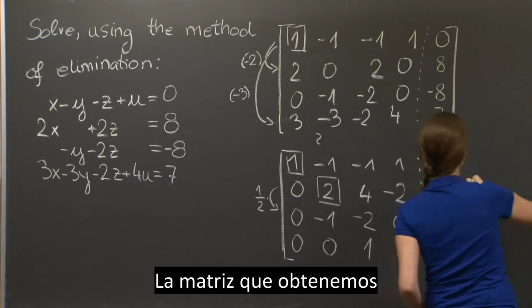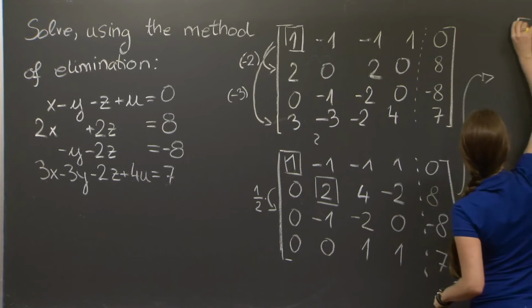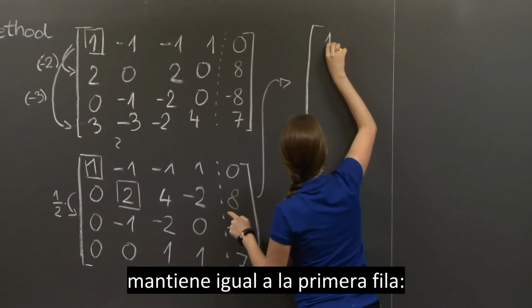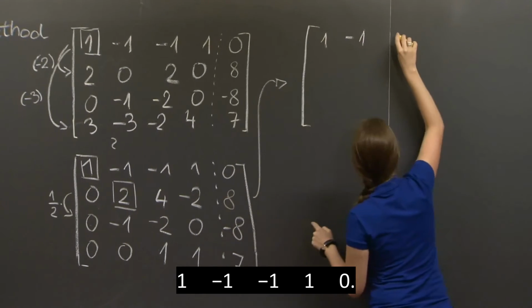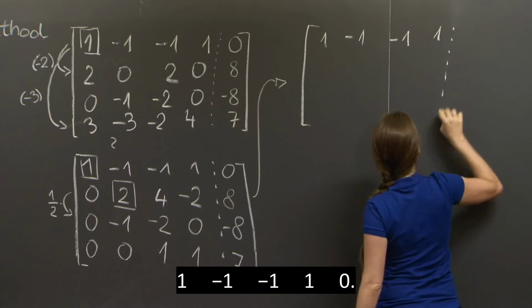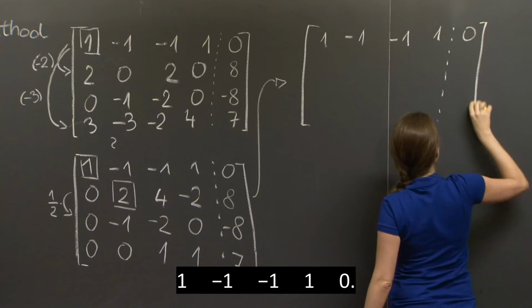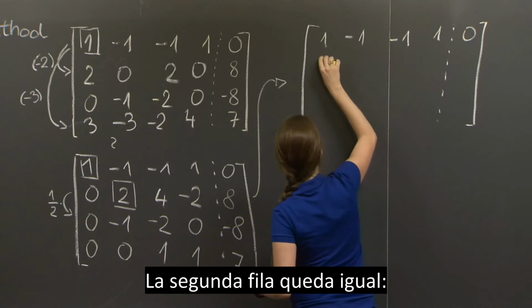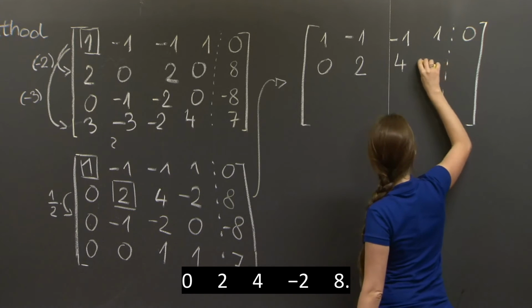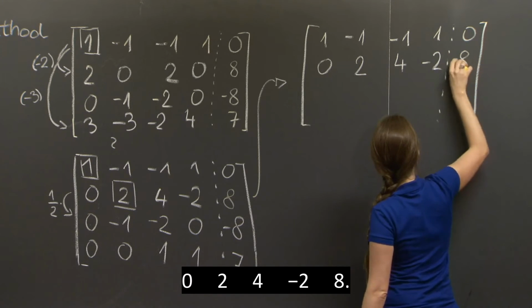The matrix that we get will have the first row stay the same: 1, minus 1, minus 1, 1, 0. The second row stays the same: 0, 2, 4, minus 2, 8.